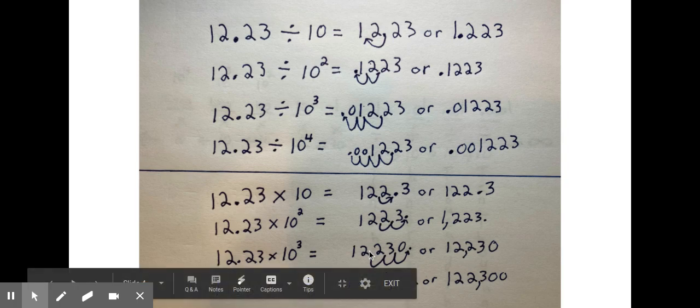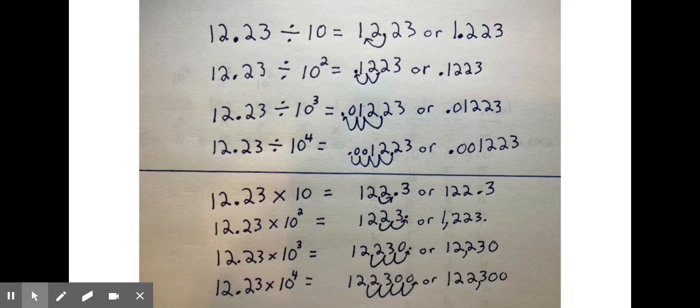Let's do it. 1, 2. Wait, did I mess up? No, I didn't. 1, 2, 3. I moved it 3 places to the right. Now I have the number 12,230. So if I multiplied 12 and 23 hundredths times 10 to the third power, I'm just moving the decimal 3 places to the right. You notice how the number keeps getting bigger and bigger and bigger?